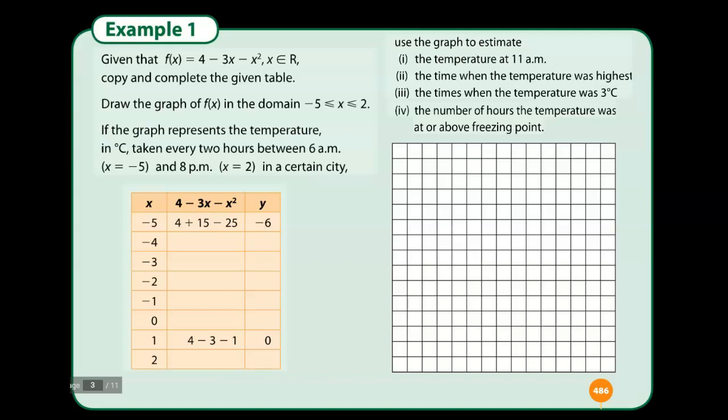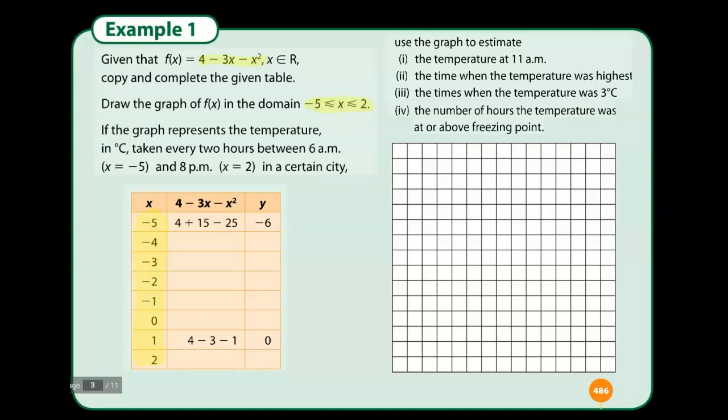So here we have an example where they have given us a function, 4 minus 3x minus x squared, and they've asked us to fill in a table, and they've made it clear that the domain is from minus 5 up to 2, in terms of the value of x. The domain refers to the values of x, the inputs that you put into the function.